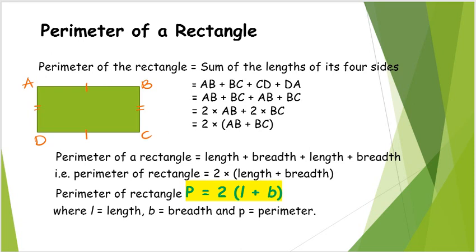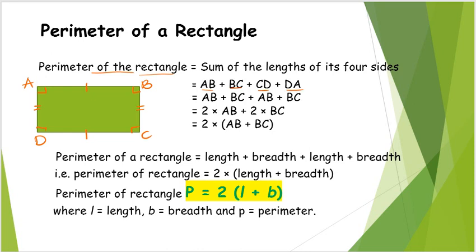Opposite sides are parallel as well as equal, and each angle is 90 degrees. So we know that each angle of this particular rectangle is 90 degrees. Now if I want to find the perimeter of the rectangle, perimeter means nothing but the sum of all sides. So the sum of the lengths of all its sides is AB plus BC plus CD plus DA.